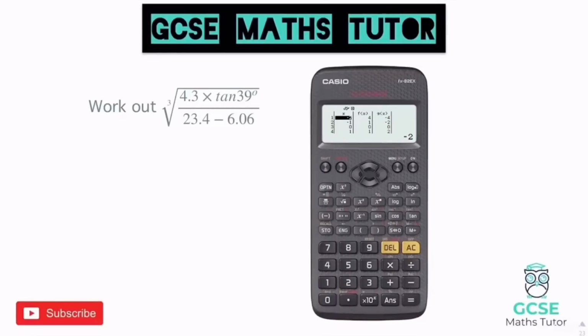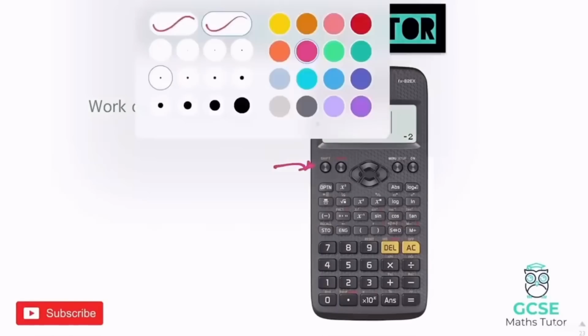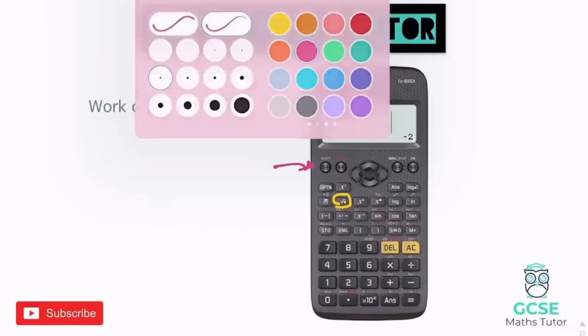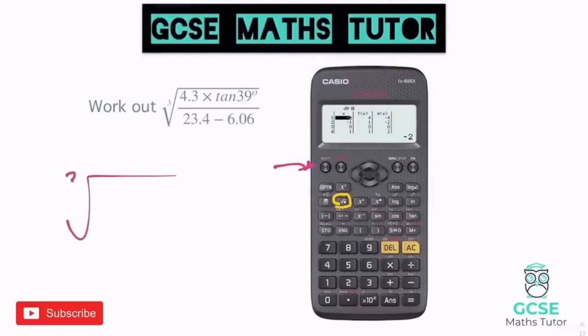So to get your cube root button, depending on what calculator you have, but the majority of them you still have to press the same things. We press shift and then we go for the square root button, and that allows us to get a cube root. So on your calculator, a cube root will pop up, and then we're going to use the fraction button. So the fraction button is just next to it in this diagram here, and an empty fraction is going to pop up.